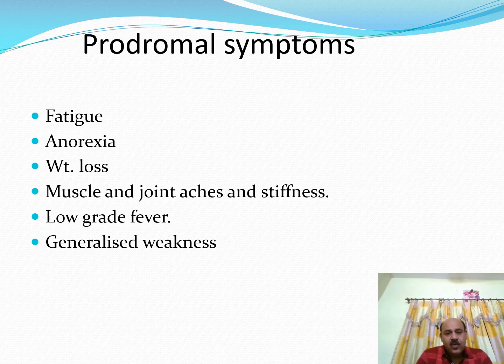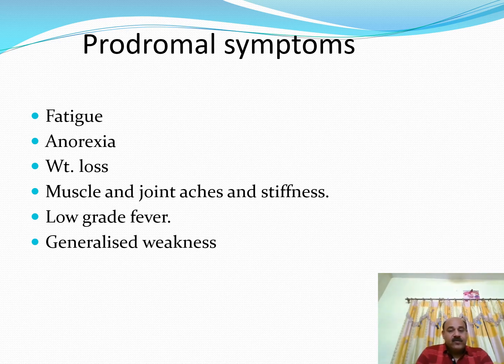All the features, whether it is low-grade fever, fatigue, anorexia, or weakness, have been described in Ayurvedic literature also while talking about Amvat. So these two disorders, Amvat and rheumatoid arthritis, fall very close to each other on the basis of clinical presentation.